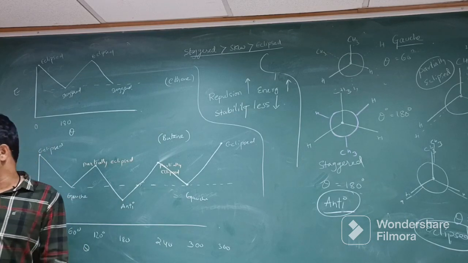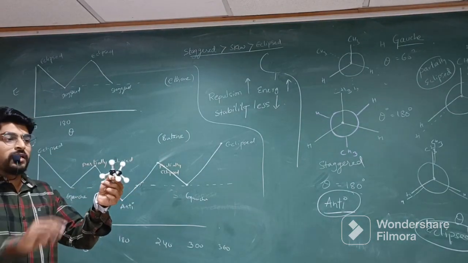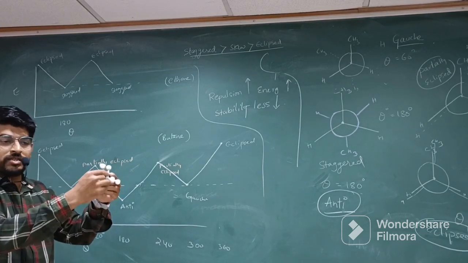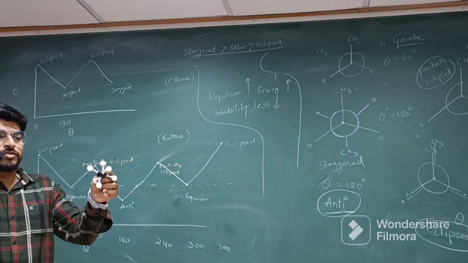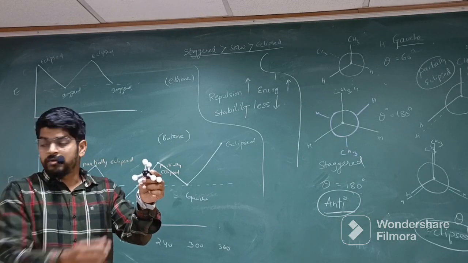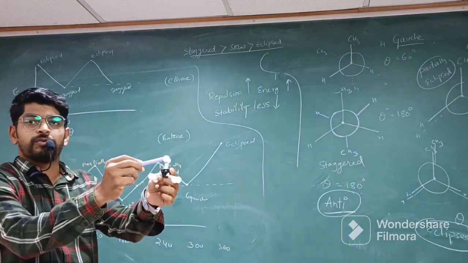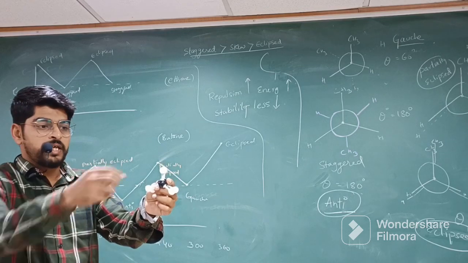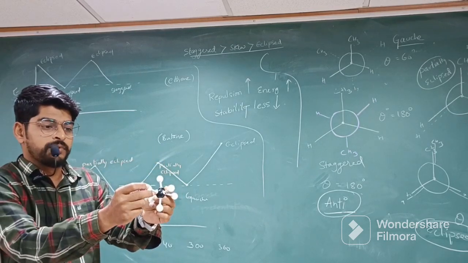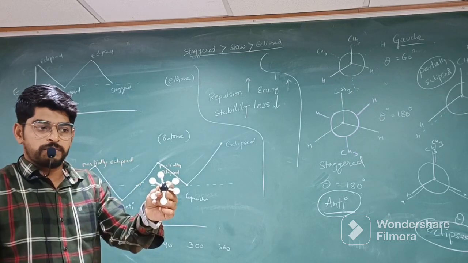The first conformer of ethane is this one, which is eclipsed form. The second conformer of ethane is staggered form. In eclipsed form, I want you to observe that there is heavy repulsion between these two hydrogen atoms. In staggered form, behind this hydrogen there is no hydrogen, so less repulsion.